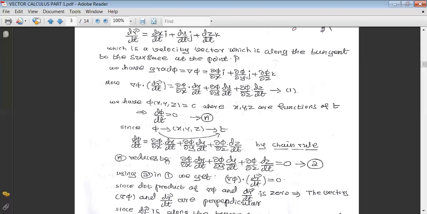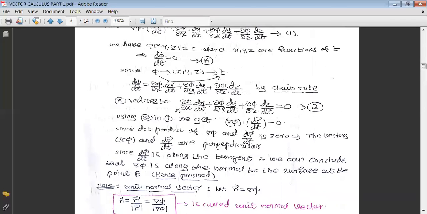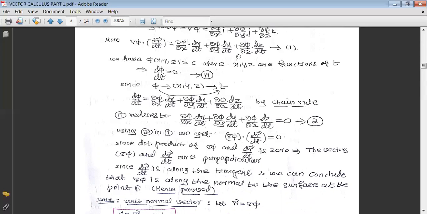Now here the LHS of equation 2 is 0, and that is nothing but the RHS of equation 1. Now if I use equation 2 in 1, we can write that del pi dot dr by dt equals 0, because here the RHS of 1 is nothing but the LHS of 2 and its value is 0.